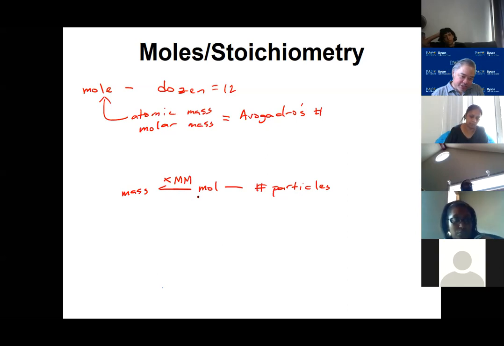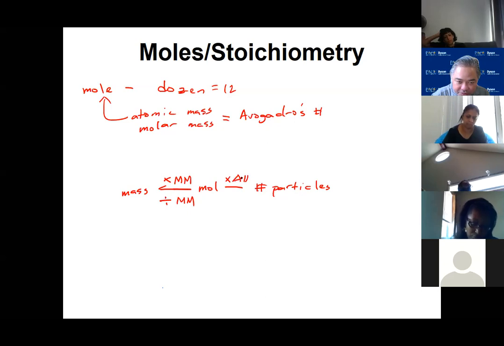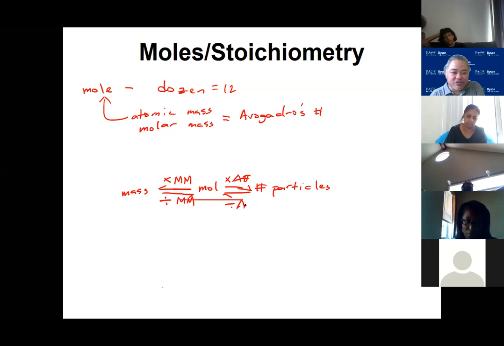How do you go from mass to moles? You divide it by the molar mass. How do you go from moles to number of particles? You multiply it with Avogadro's number. If it's the other way around, you divide it by Avogadro's number. This is what we call the main issues of moles.